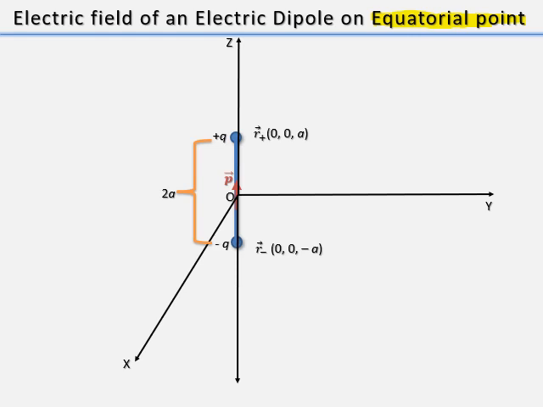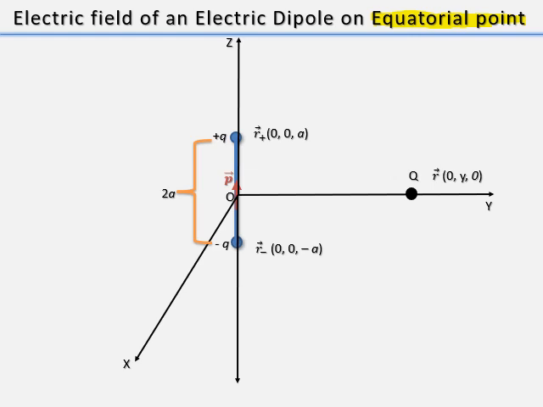Now as we want the electric field at some equatorial point, let us consider a point Q somewhere on the y-axis. Here this y-axis is the perpendicular bisector of the dipole. So we consider Q to be on the y-axis, and its position vector, if it is r, is (0, y, 0), the point where we want to find the electric field.